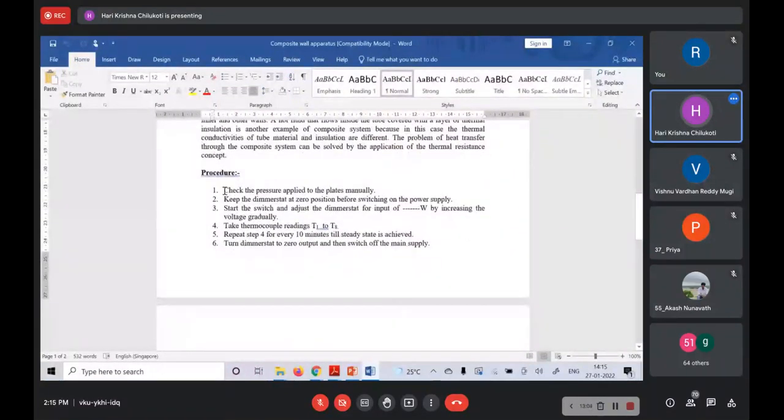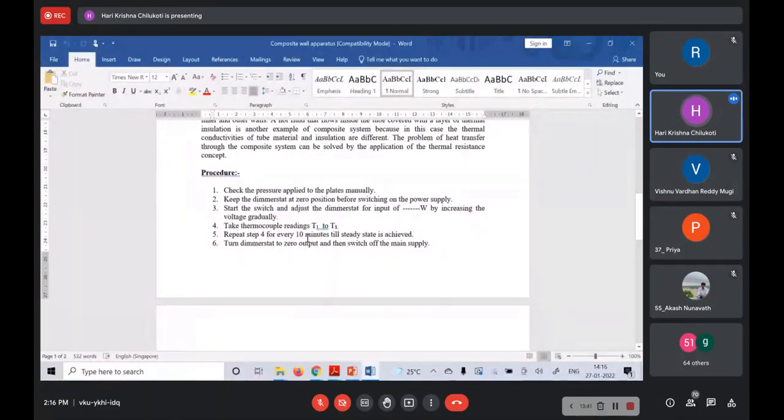As I was mentioning, we first ensure that we have applied enough pressure so that the contact resistance between the different slabs is minimal, and we keep the dimmer stat at zero position before we turn on the power supply. Once the power supply is switched on, then we adjust the dimmer stat for a required amount of heat input by increasing the voltage gradually.